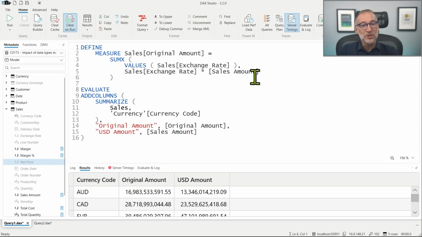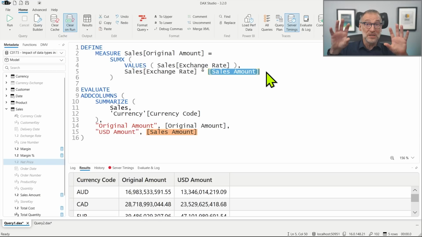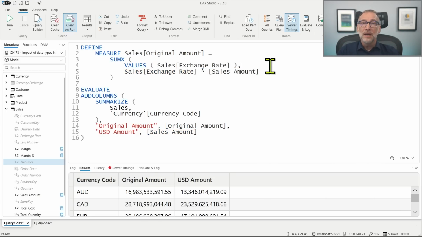Rely on the context transition and compute the sales amount, that is only computing quantity times net price, sum all these values together and multiply by the value of sales exchange rate. This moves the multiplication to the formula engine, and I would expect the storage engine to compute the sales amount grouped by values of exchange rate and this final multiplication being executed by the formula engine.